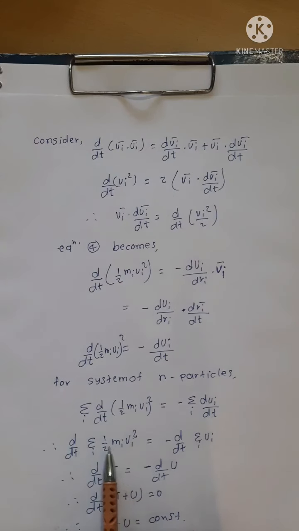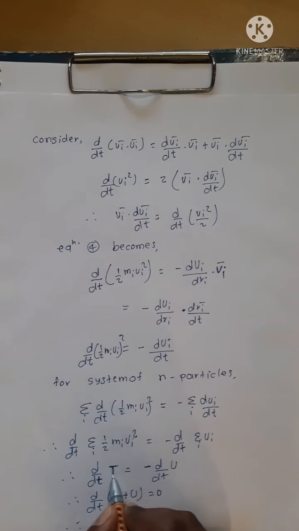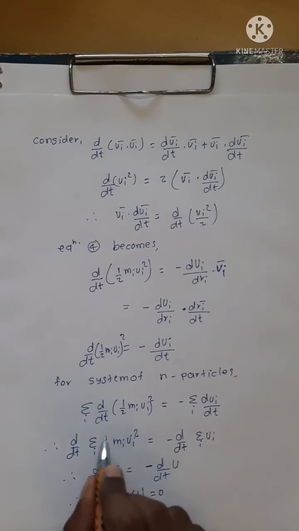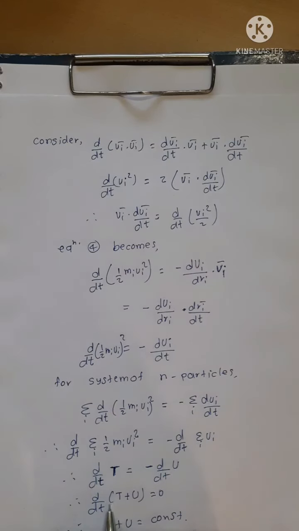We know the summation of this is nothing but the quantity capital T, which is the kinetic energy of the whole system of n particles, and this is the potential energy of the system of n particles. So rearranging this equation, T minus V becomes T plus V. The derivative of this term is 0, which means this term is a constant, so the total energy of the system of n particles is conserved. This is the law of conservation of energy of a system of particles.